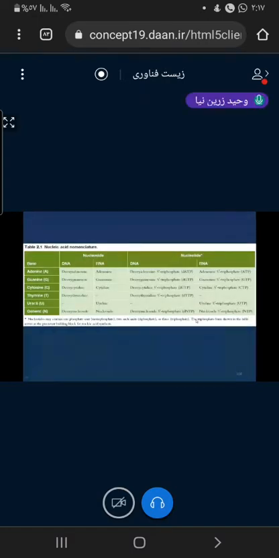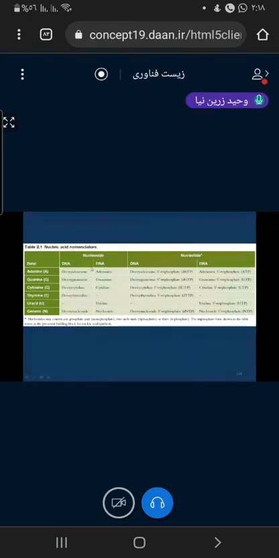In this slide, I want to teach you about nucleic acid nomenclature. What is the first column? The first column is the name of the different or alternate bases: adenine, guanine, cytosine, thymine, uracil, and adenosine.